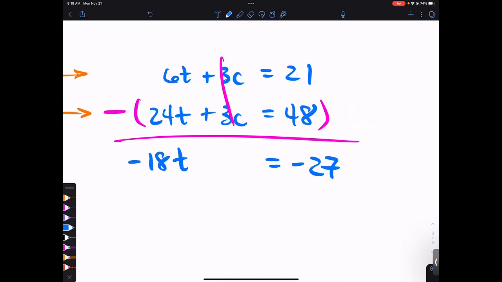So now, since I took one of the equations and scaled it up to get things to match, what happened when we subtracted? One of the things went away. Now we have an equation, a piece of information that only tells me something about T. Well, if negative 18T is negative 27, what's T?